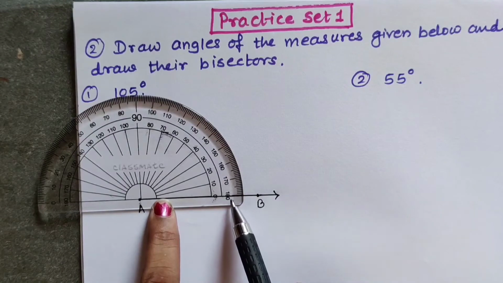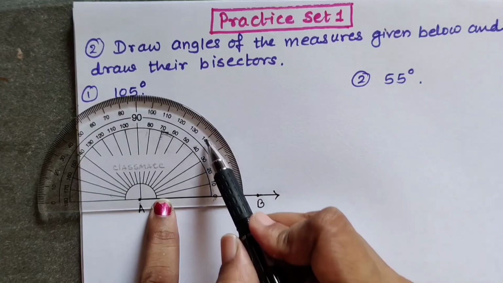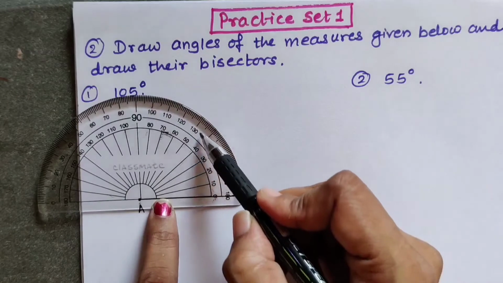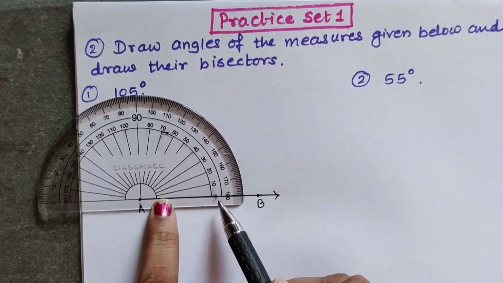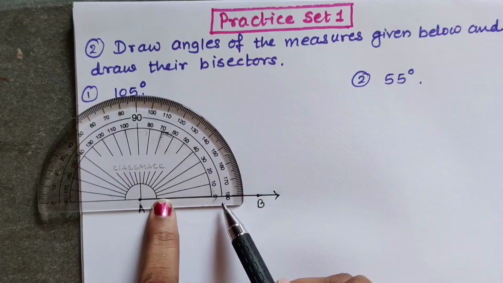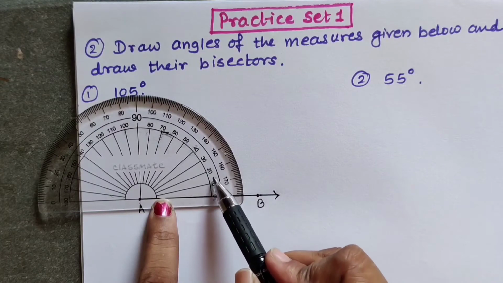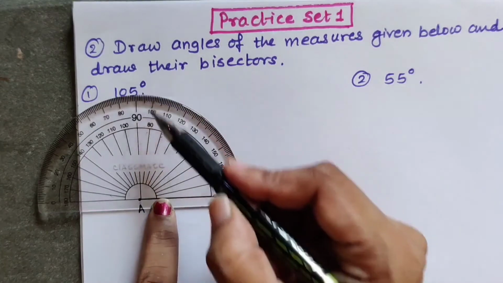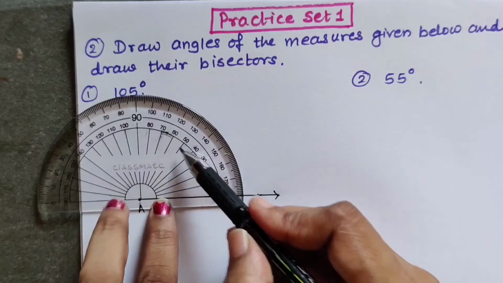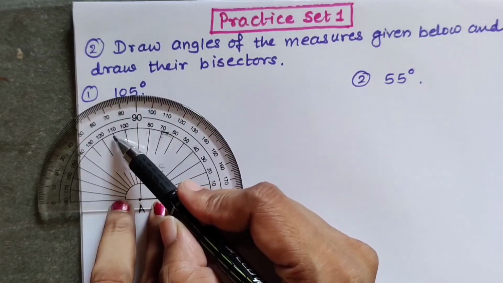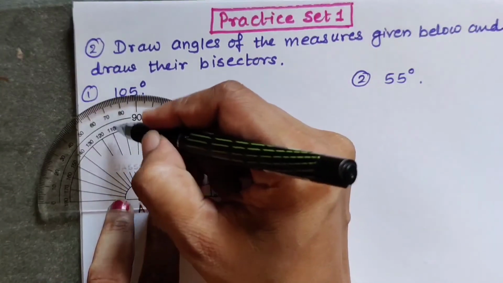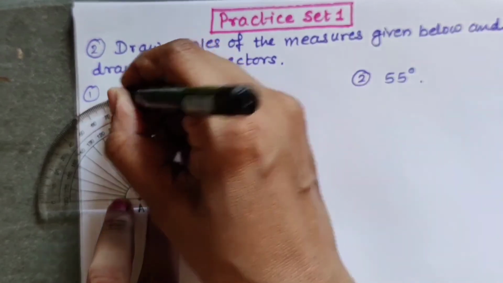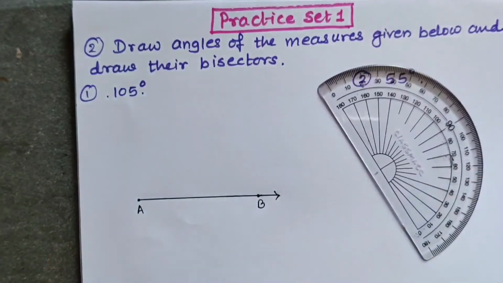We will not count from 180. We don't go in the opposite direction like this, 180, 170, 160. We always start counting from this 0 of the right hand side, 0, 10, 20 like this, till 105 we have to count. So 105 will come between 100 and 110. Here we can see 105 is there.